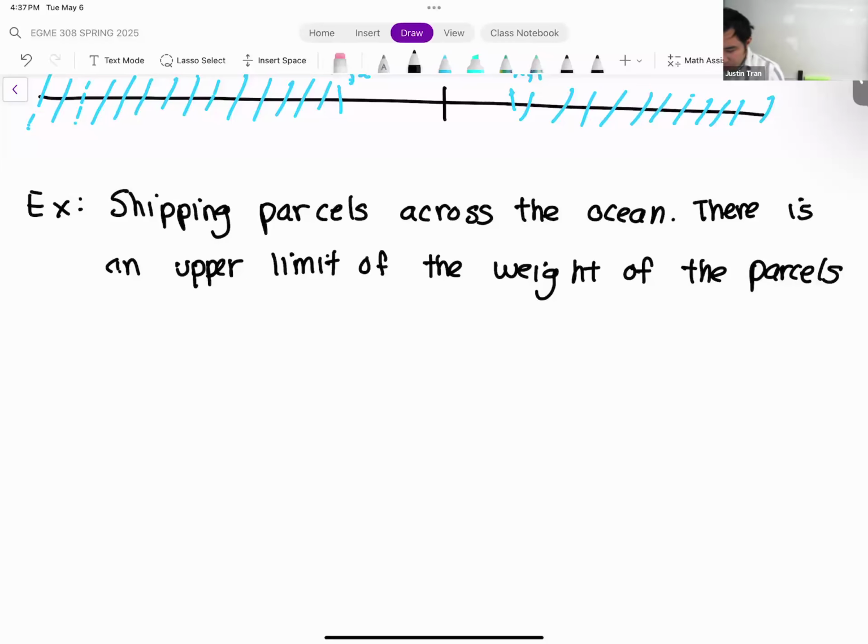And let's say that weight, which we'll call W, is 4,500 kilograms.